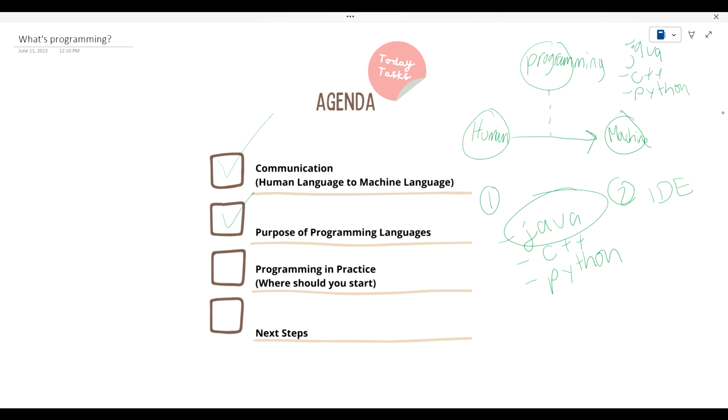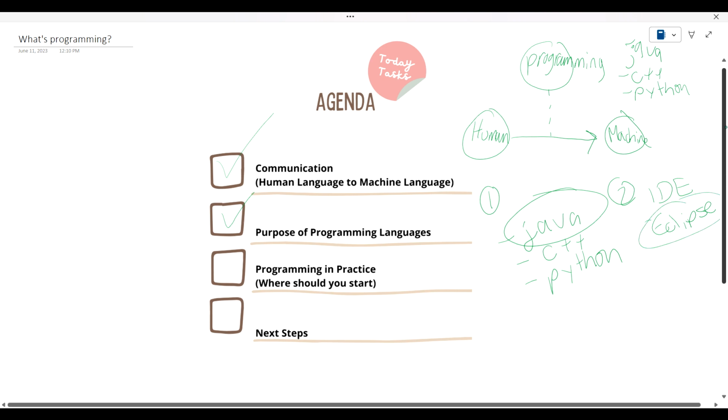So for me at university, I used Eclipse. Eclipse is just the name of the IDE. So in this series, I will teach about Java by using Eclipse. So Eclipse will be the platform where I write Java code and we can run it together.